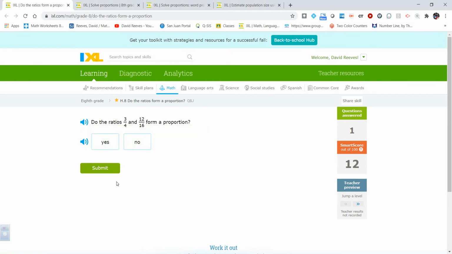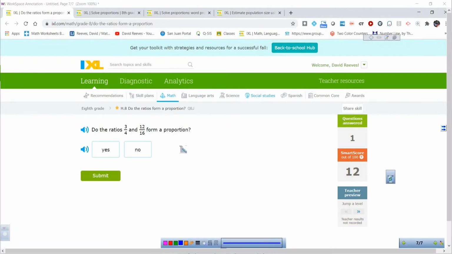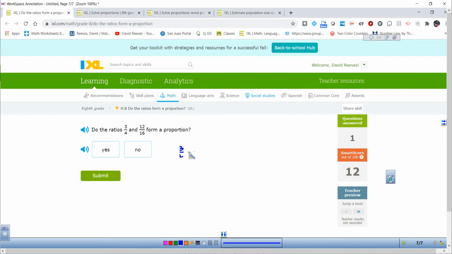All right, what about this next one? 3/4 and 12/16. So again, we want to know, does 3/4 equal 12/16? Is this a proportion? All right, well, if I take 12/16 and I factor out the common factor of 4, what do I get?